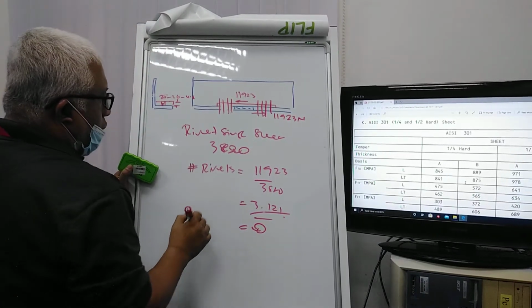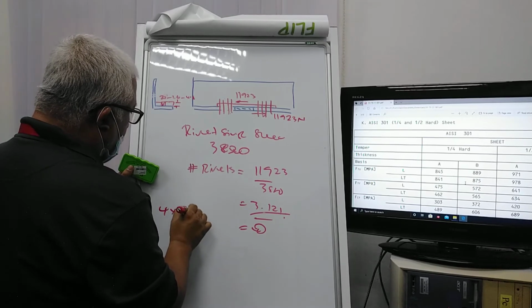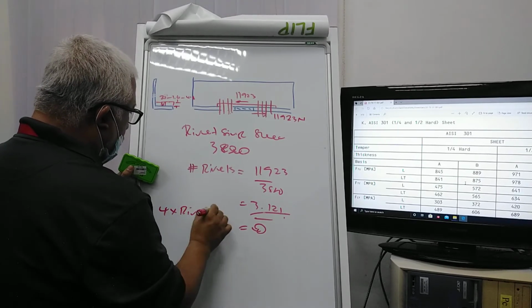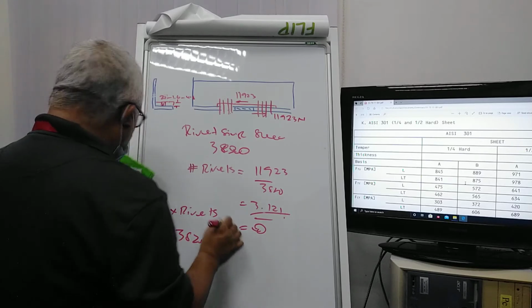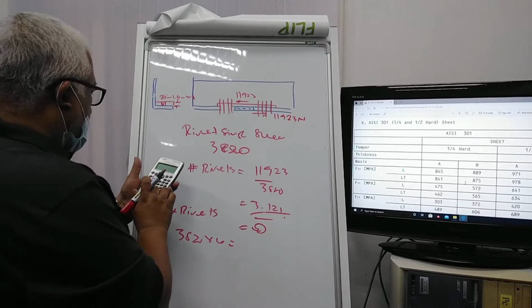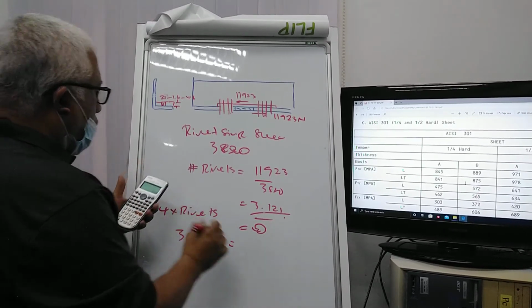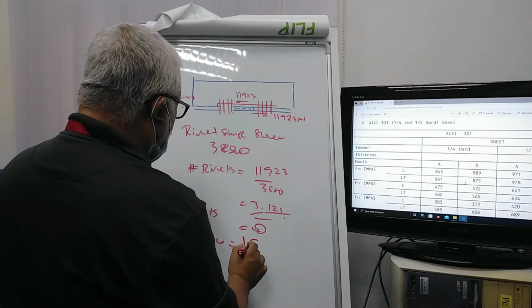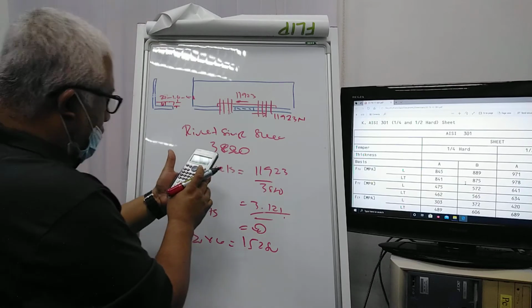So the 4 rivets will be 3820 times 4, which equals 15,280.